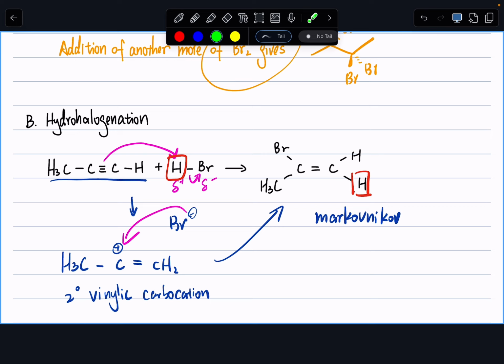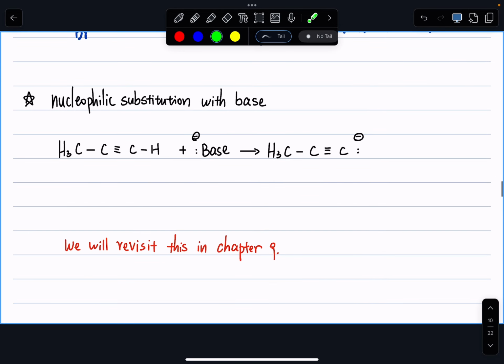All right, and in our last lecture, we also went over nucleophilic substitution with a base. We'll discuss this later on, but this one is using the acidity of the terminal alkyne hydrogen, or the sp C-H bond. The acidity of the sp C-H bond means after we deprotonate it, we're going to form a terminal carbanion, and that's going to act as a very good nucleophile and strong base. So in chapter 9, where we're talking about nucleophilic substitution reactions, we'll be using that a lot.